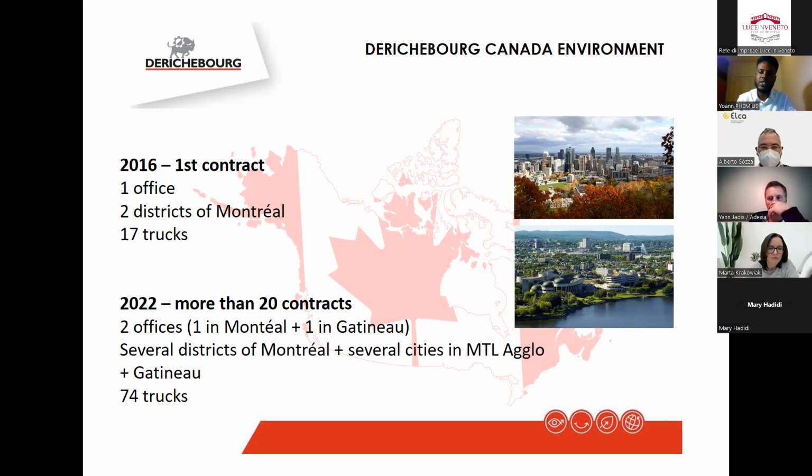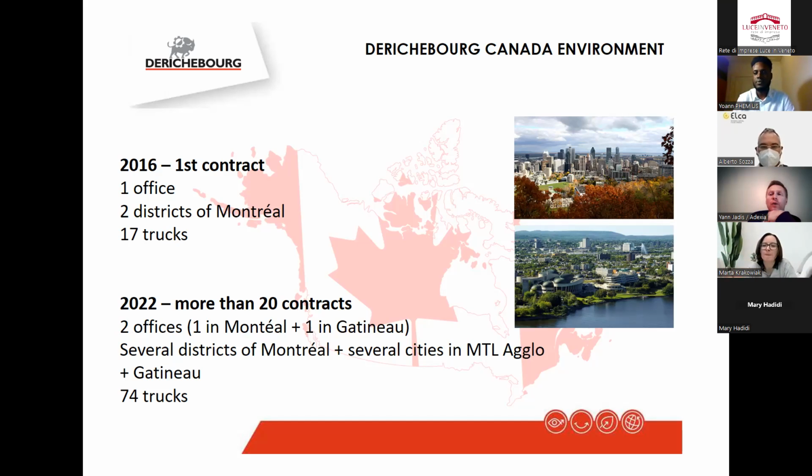We had to register a company so that we would have a number, which is called Numéro d'entreprise du Québec. So we registered a company here in Quebec, and that's how we could enter the market and sell our proposal.